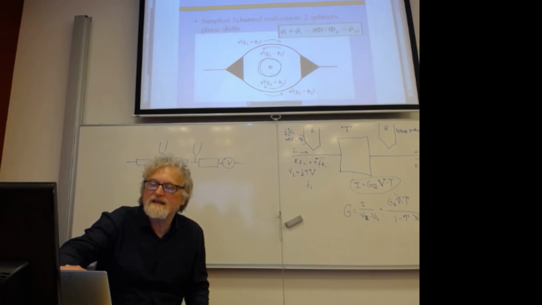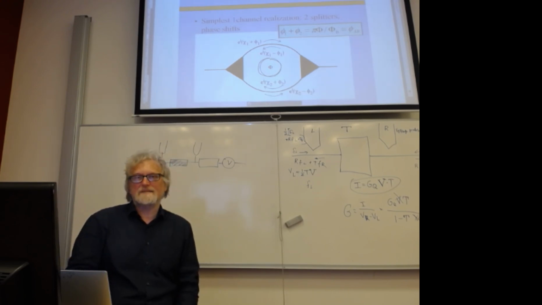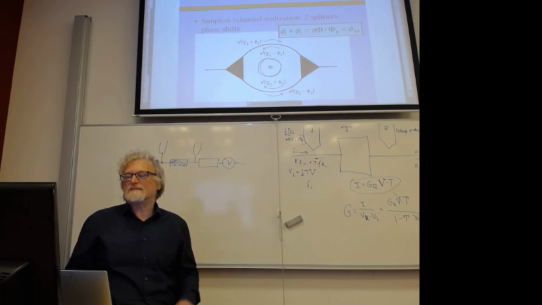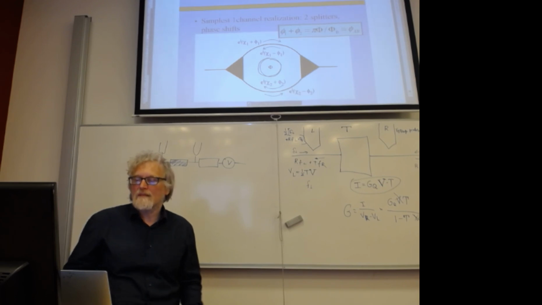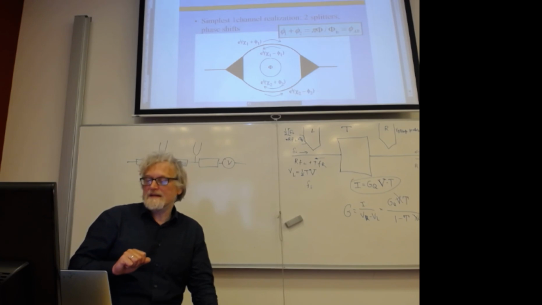If I would just take two conductors in series, I couldn't put flux here. So I need to split channels to make the loop.